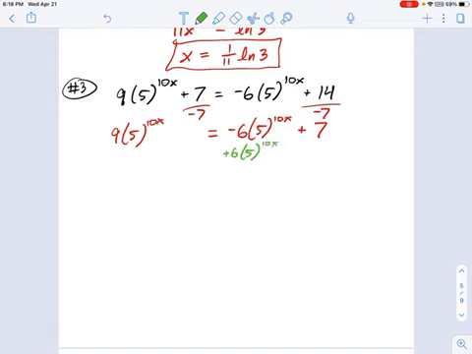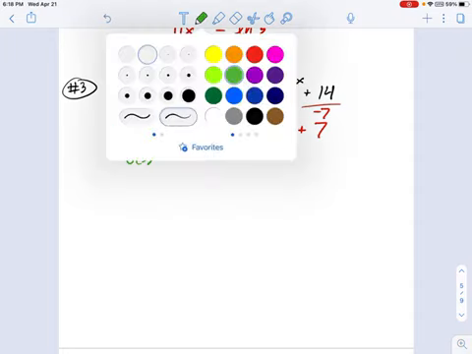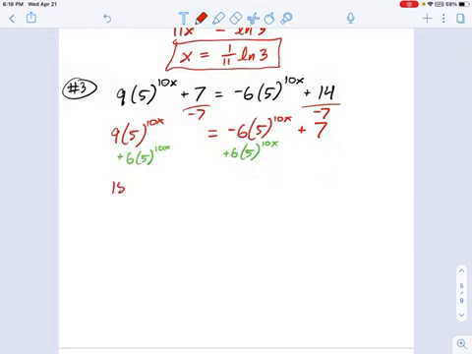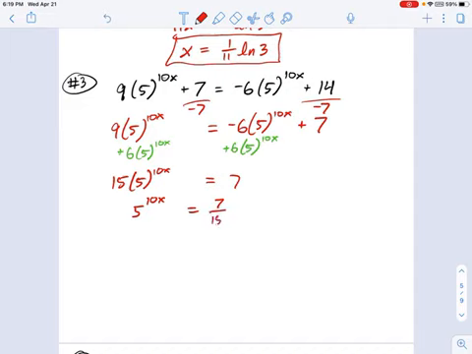Add 6 times 5 to the 10x, and over here I'm going to add 6 times 5 to the 10x. And how many 5 to the 10x's do I have on the right now? I have 15 of them. And on the right, I still have 7. One more step in combining like terms gets us to this. 5 to the 10x equals 7 over 15.